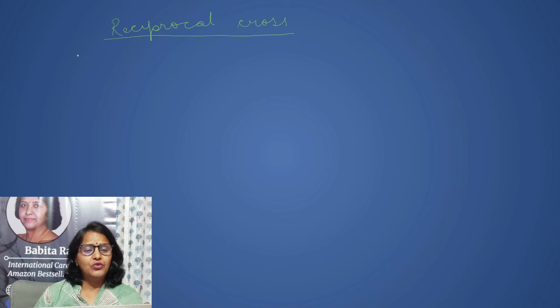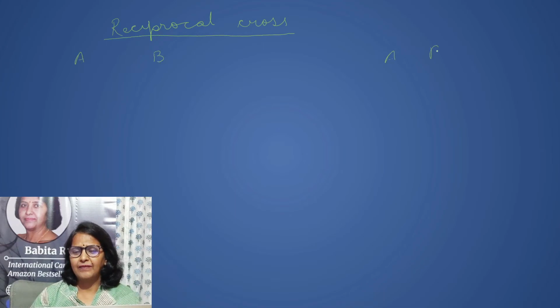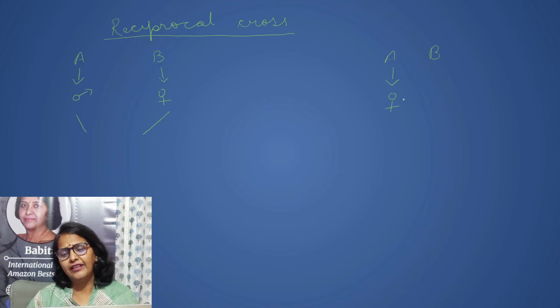Suppose we have two plants A and B, and we take male gamete from this plant and female gamete from this plant, and they are reproduced. In case of reciprocal, reciprocal means opposite. So when we do another cross, we will take female gamete from A and male gamete from B. So we will get another generation.